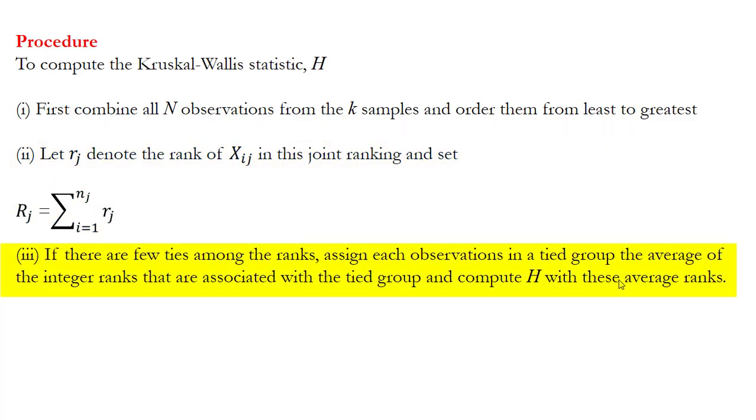We're not going to look at ties in this example, but if there are a few ties among the ranks, we assign each observation in a tied group the average of the integer ranks associated with the tied group, and compute H using these average ranks. I'll probably look at this in another video, but for this video I'll be looking at an example without ties.